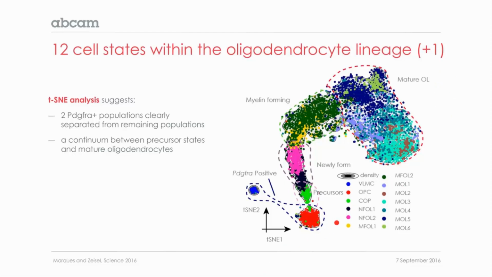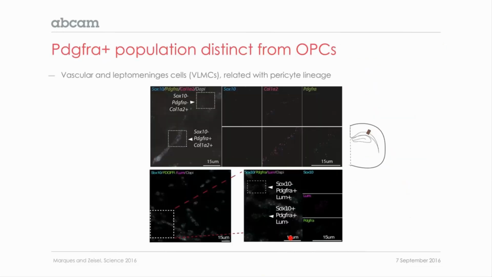Going more into detail in some of these populations, for instance here in this VLMC, as I told you before, this cell population expressed PDGFR-alpha, a marker of oligodendrocyte precursors, however did not express SOX10, which is a marker of the oligodendrocyte lineage, and expressed other markers such as COL1A2 and others that were more related to the pericyte lineage.